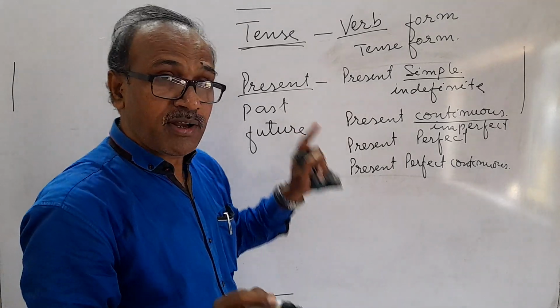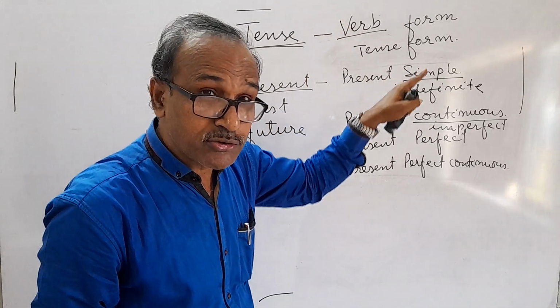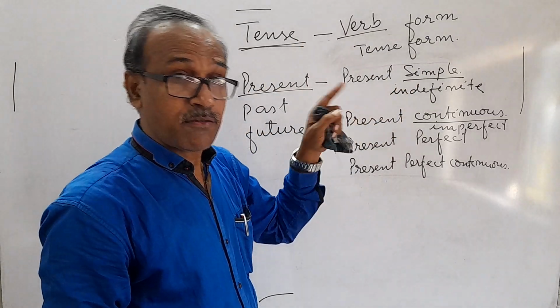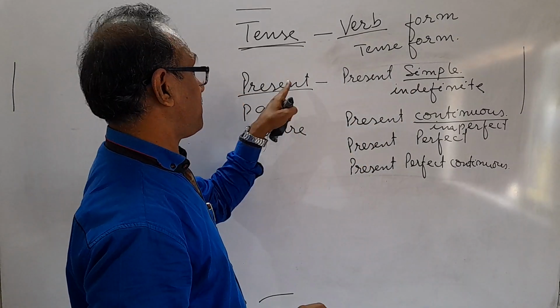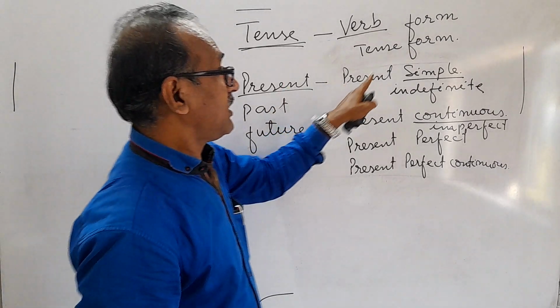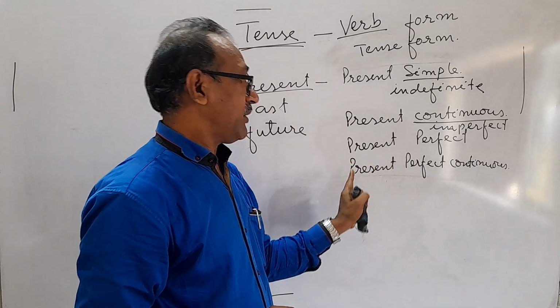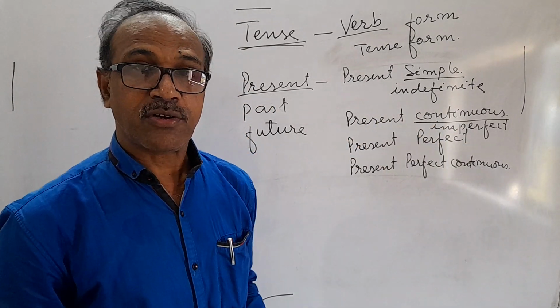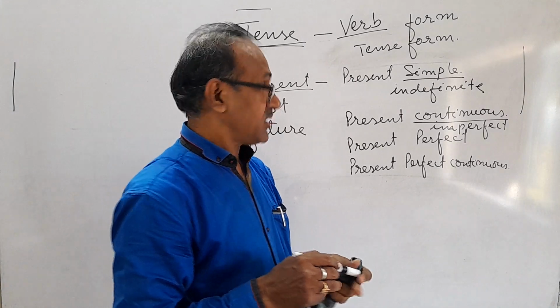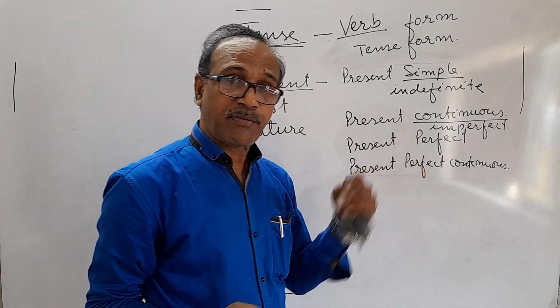Okay, so we will understand the tense forms used in the sentences when the sentence is in present or past or future, or present simple, present continuous, present perfect or present perfect continuous. Okay, so where to use these present simple or continuous or perfect continuous.